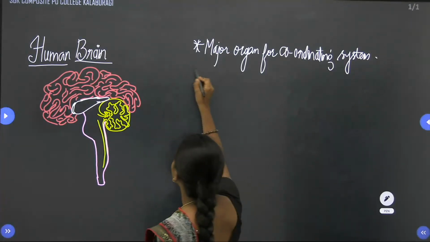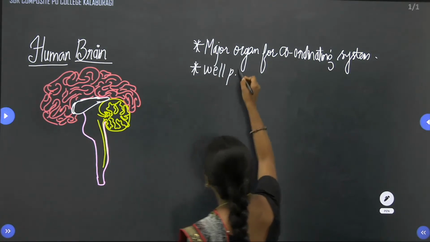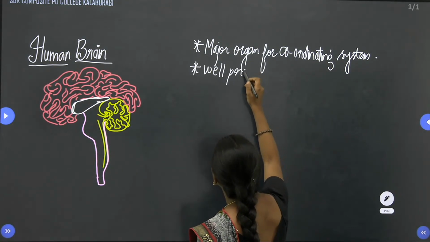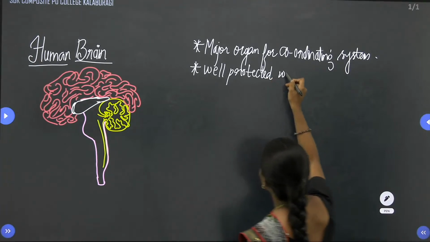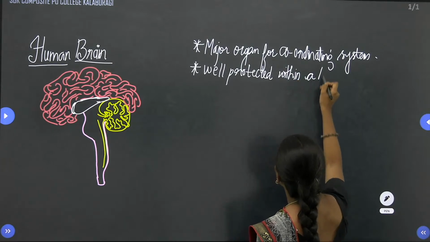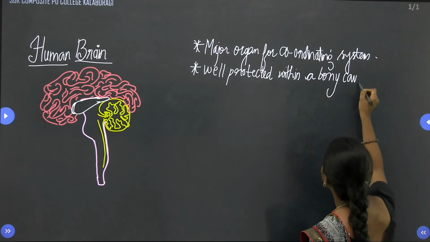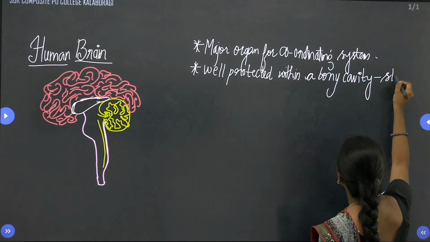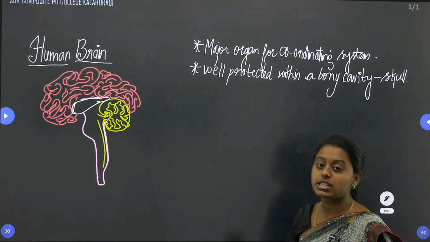Human brain is well protected within a bony cavity which is termed as skull.